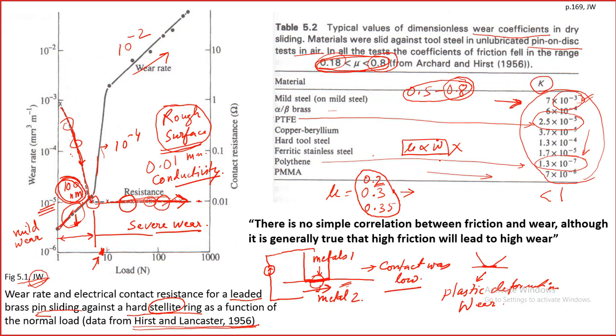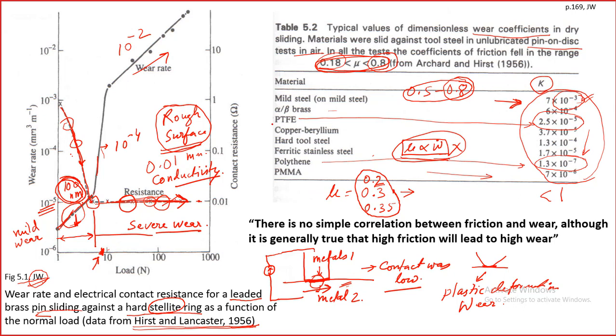The relations that you might find in some books or research papers are very specific to certain conditions, certain situations, not a general equation. But in general, we can say that high friction will lead to high wear, or low friction will lead to low wear. But again, there are exceptions to this rule as well.